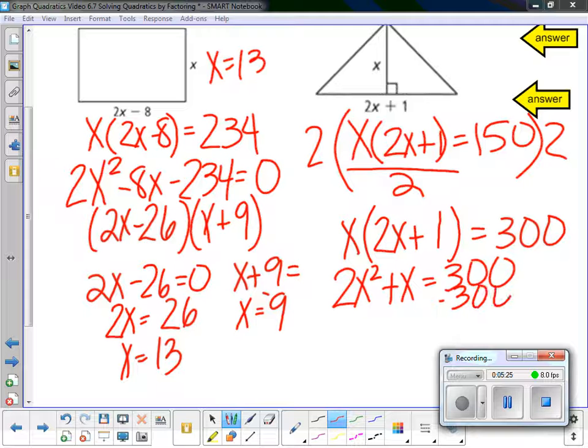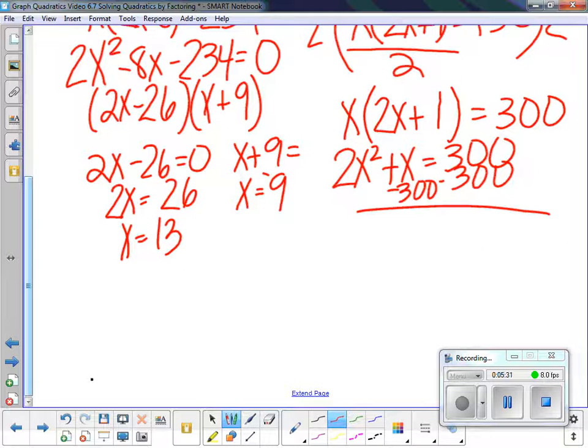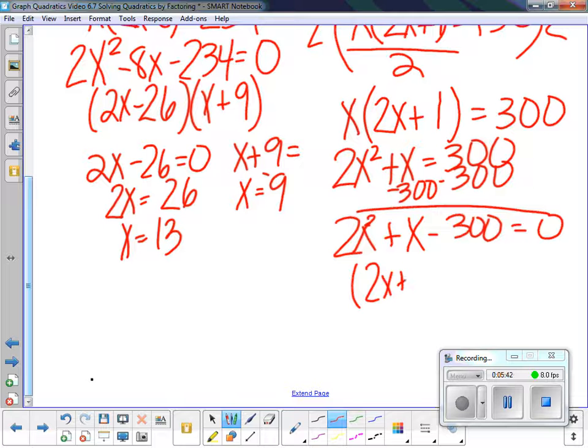Subtract the 300 from both sides. 2x squared plus x minus 300 equals 0. Factor that, 2x plus 25 and x minus 12.